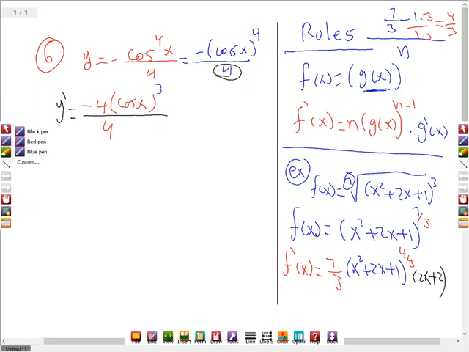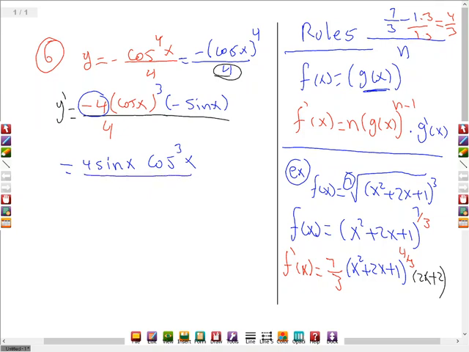Everyone knows the derivative of cosine is negative sine. The derivative of cosine is negative sine x. Look, negative and negative, the first and the last, put them together. It's going to be positive 4 sine x cosine cubed x over 4. That cancels with this. So the first answer is right.